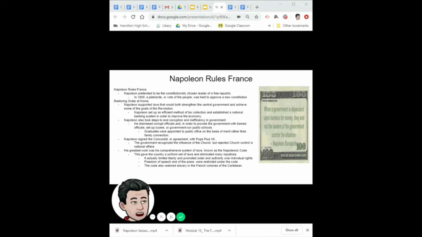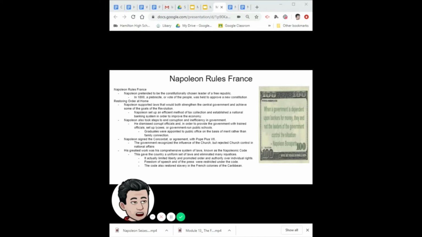Well, Napoleon supports laws that are going to strengthen the central government. If you look to the right, I talk about how he's trying to weaken the power of banks. You don't really need to understand that, but I thought it was kind of interesting. And like I said, he still wants to achieve some of the goals of the revolution. So he sets up an efficient method of tax collection, and establishes a national banking system in order to improve the economy.